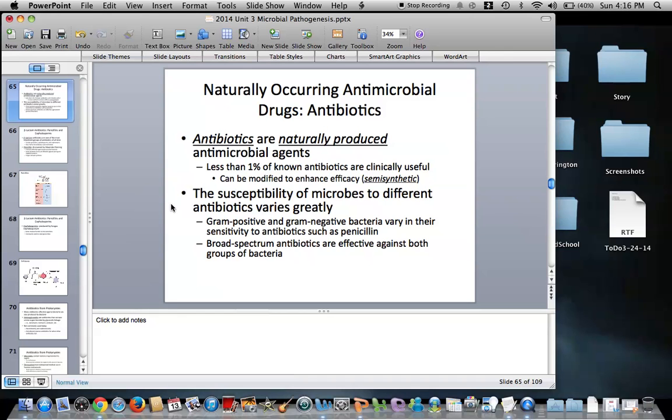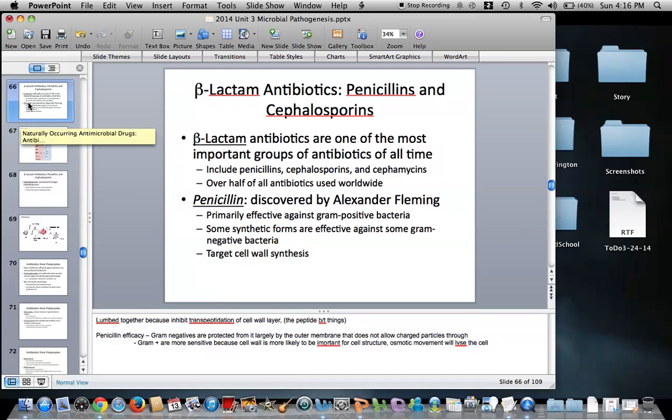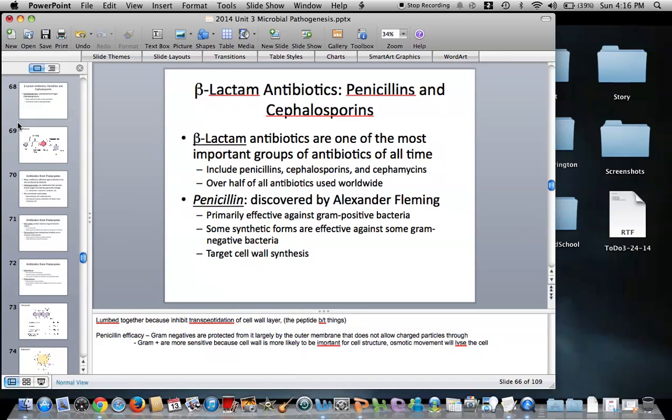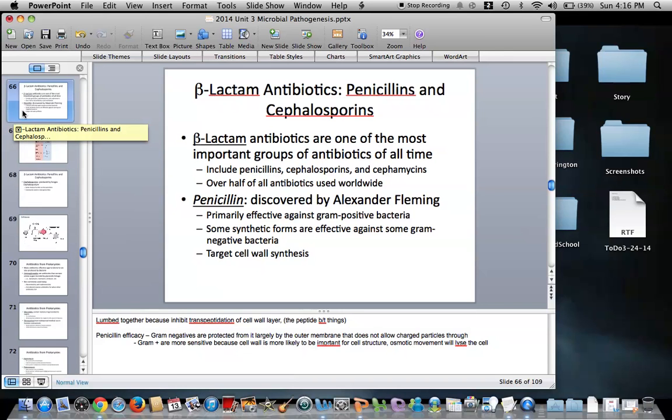Susceptibility of microbes varies quite a bit. There are a broad spectrum that affect both species, both gram-negative and positive. So this is beta-lactam antibiotics, so penicillins and cephalosporins. They're going to affect cell wall synthesis, discovered by Alexander Fleming.